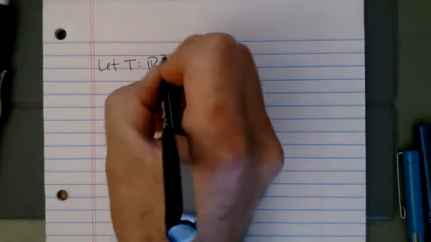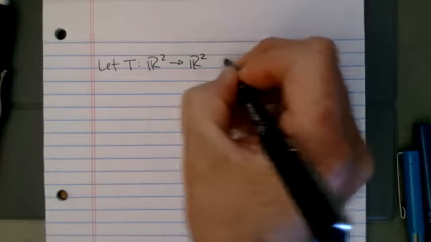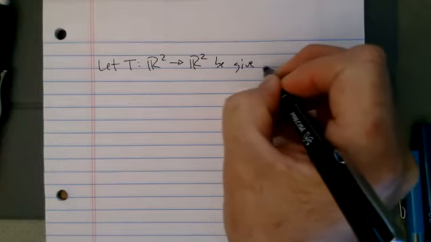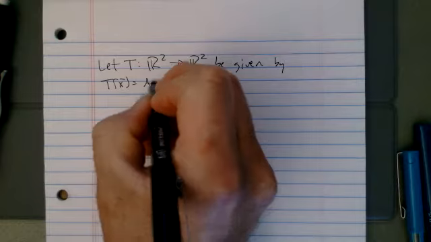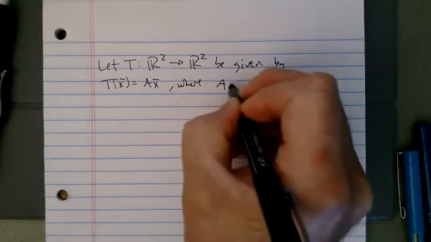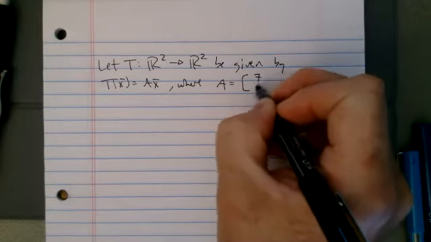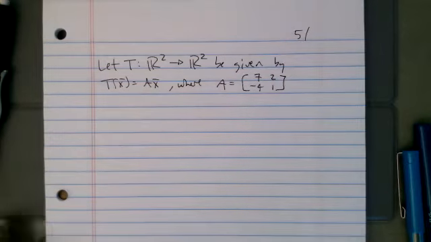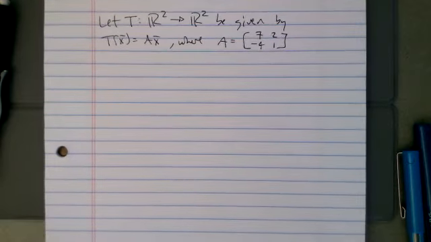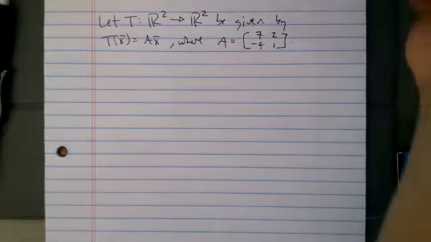Let T map R2 to R2, be given by T of X equals AX, where A is equal to this matrix, 7, -4, 2, 1. So let's think about linear transformations.